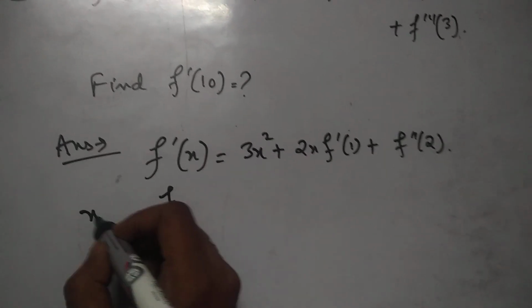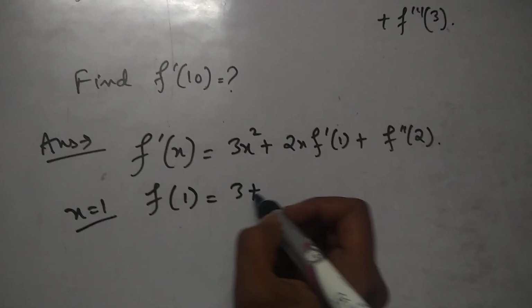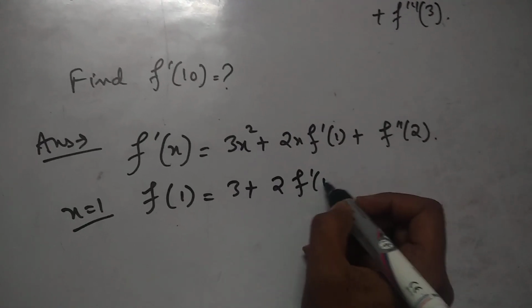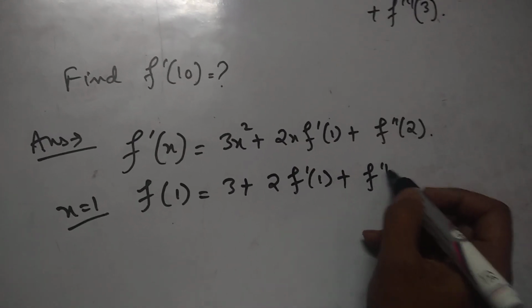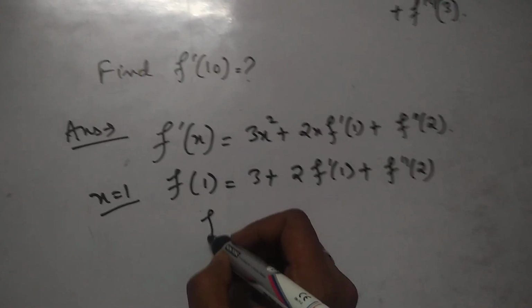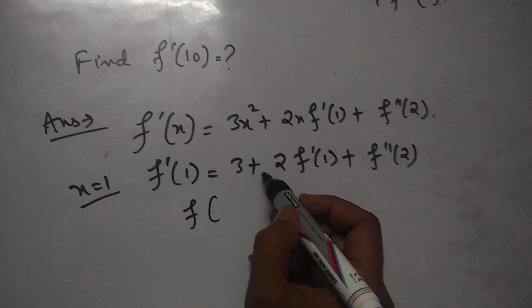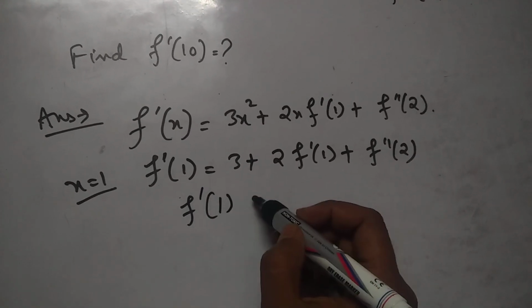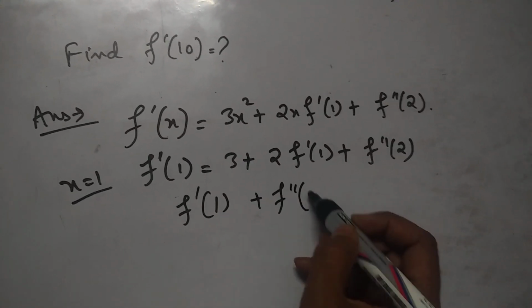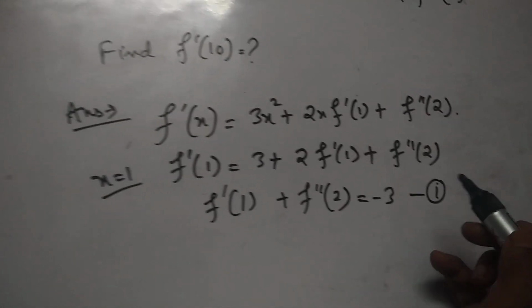Now if we plug in x equal to 1, we get f'(1) as 3 plus 2 f'(1) plus f''(2), right? So take it to the right hand side. We get f'(1) plus f''(2) equal to minus 3. Take it as equation 1.